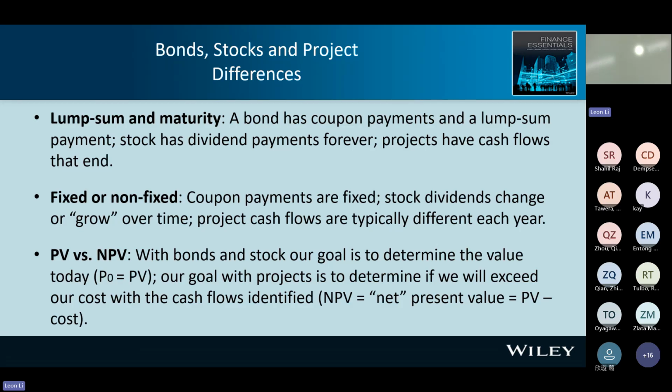In particular, net present value, NPV, is the present value of future cash flow minus initial costs. This is NPV. So why do we use the net? Because we have this term, minus initial cost. NPV.